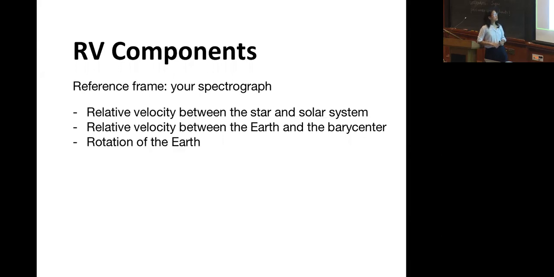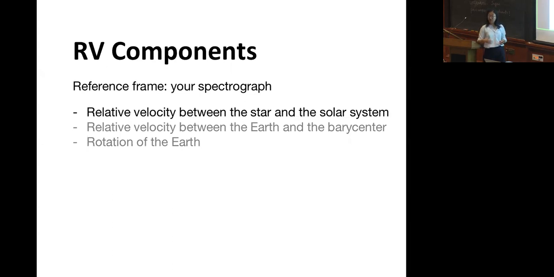But there's also the component where the Earth rotates and your observatory is at some place on Earth that rotates together. So there are really three components in the RVs. But what we really care about is just the relative velocity between the star and the solar system. So when we actually do data analysis, we correct those two latter terms out.